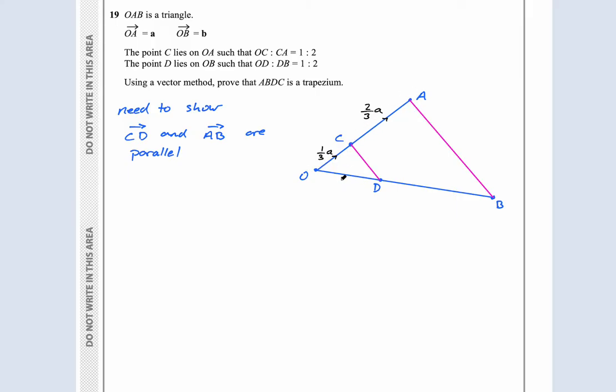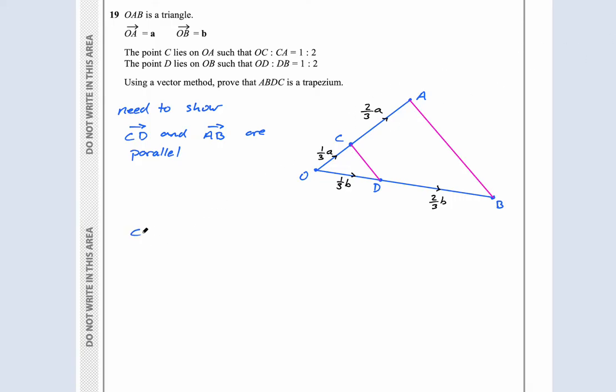Similarly, this is 1/3 B, and this is 2/3 B. Okay, now to show they're parallel, I just need to show that they're multiples of each other. So let's do that.